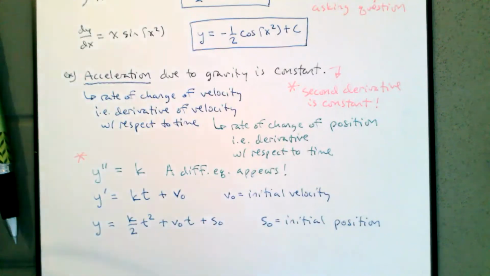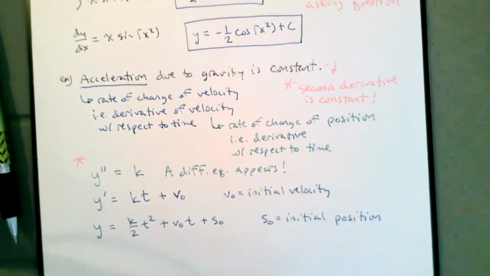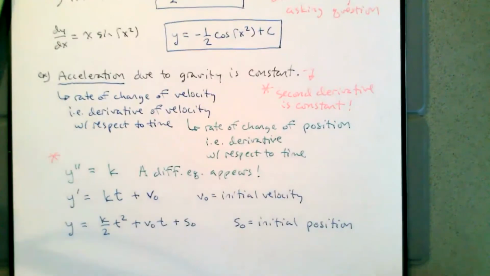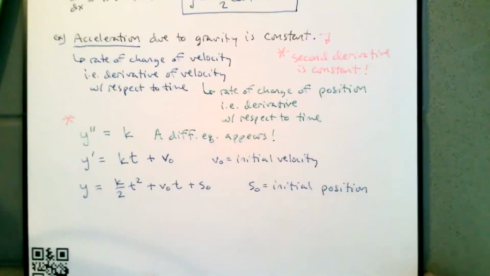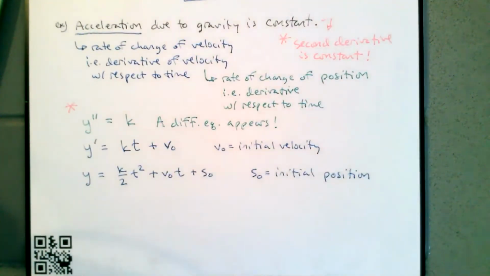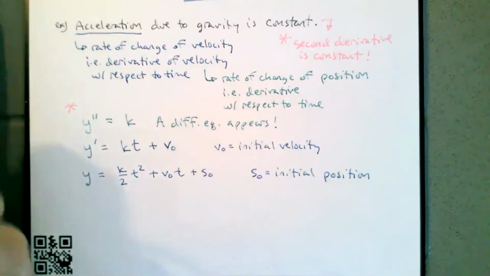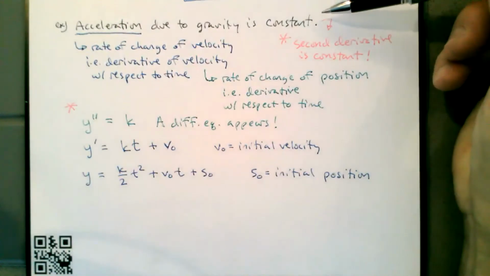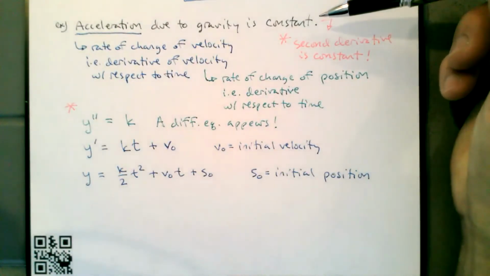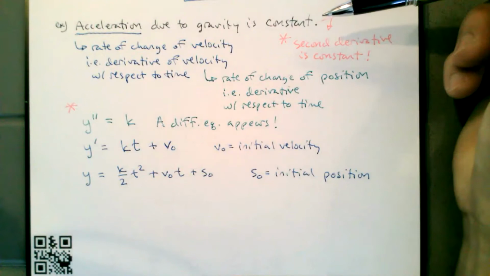So here's what we want to observe with these two examples. First of all, this is not something new. We've done this before. We're just going to be framing it in terms of differential equations. This second example is important because we've taken something that we've observed.